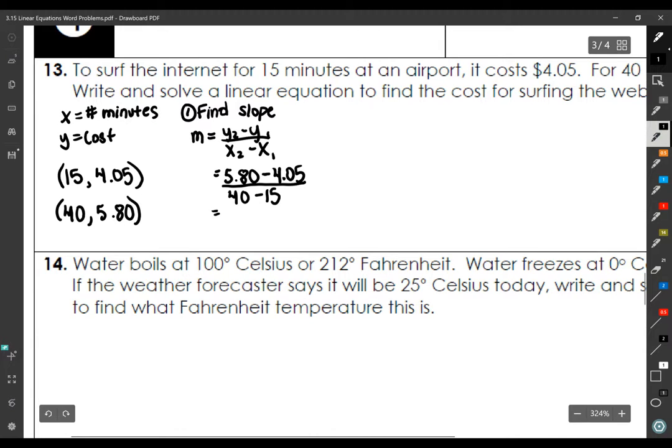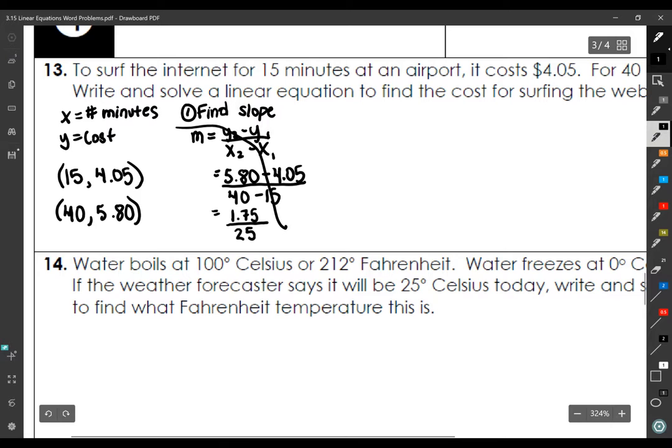This is going to give us, hold on, 5.8 minus 4.05. So we get a 1.75 and over 25. Okay, so now what we have to do, oh, sorry, we're not quite done. Actually, I ran out of space.